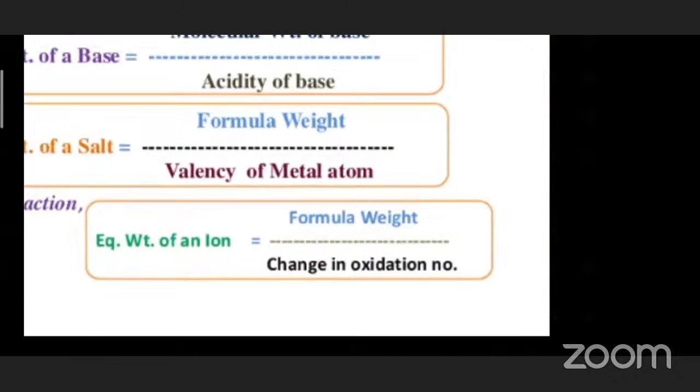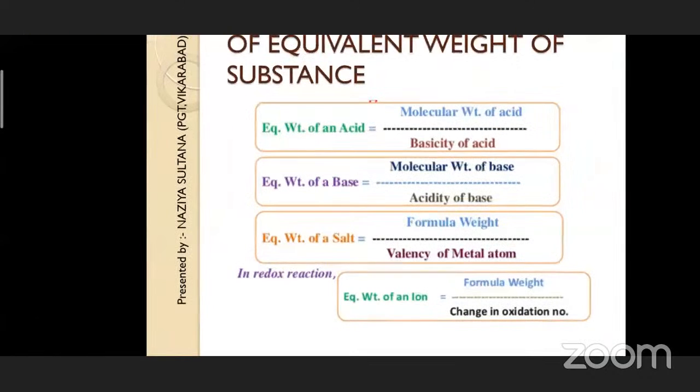Okay. So this is about the equivalent weights of the substances. And the next topic in your textbook is methods of expressing concentration. That is deleted for this year. Okay.